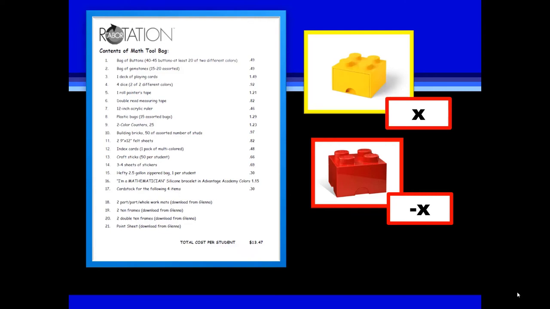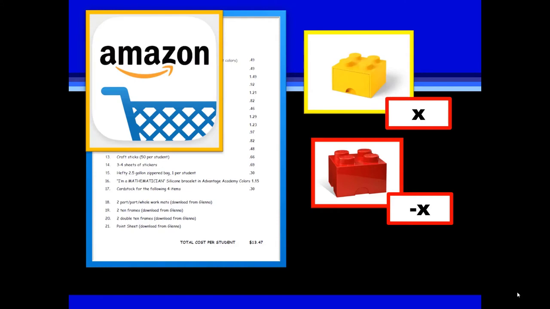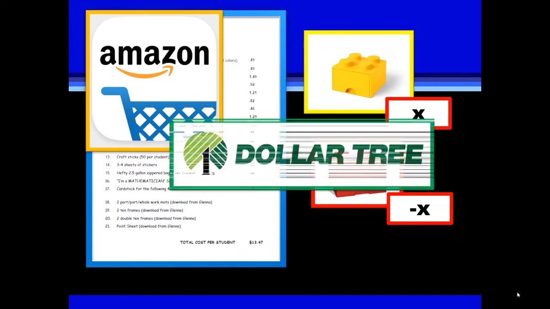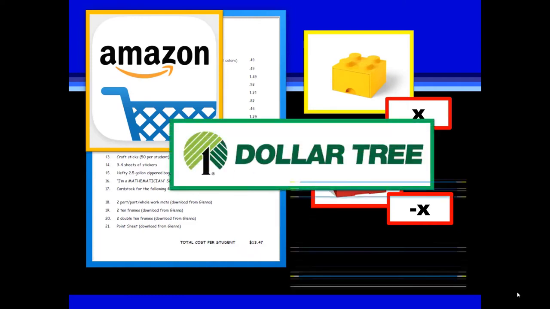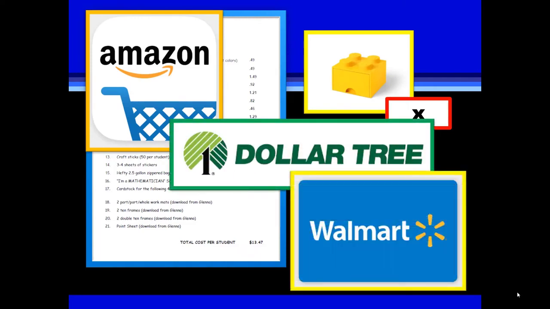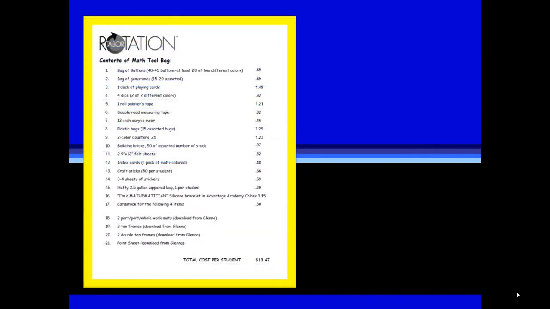Where to purchase these? When this update was edited, Amazon, Dollar Tree, and Walmart had the best prices for the items. The first suggested tool is popular with students from kindergarten to high school.